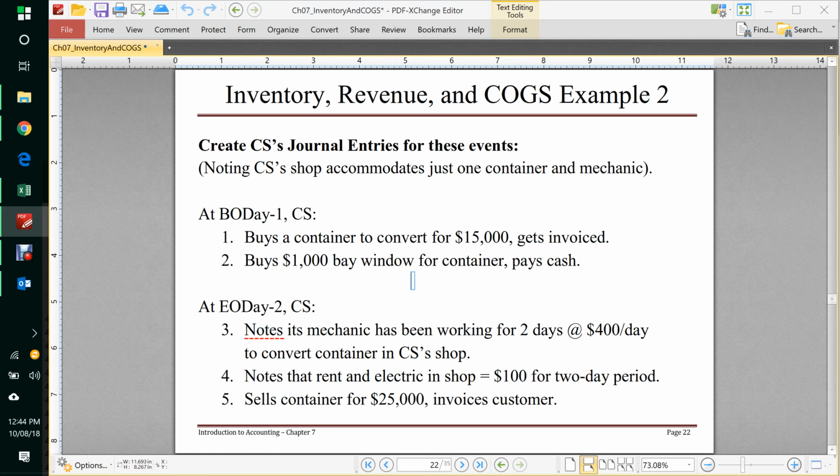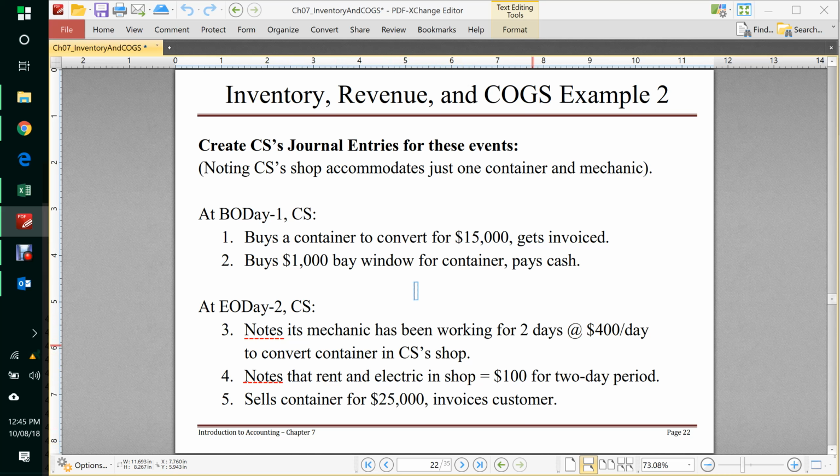Whenever you do financial statements, you have to sit around and think and note what are the things that have been accruing, usually liabilities, but not always, that you're going to have to pay for, expenses that you've accrued but haven't paid for yet, and you do not have an invoice for them. So that's what this is about with 3 and 4.